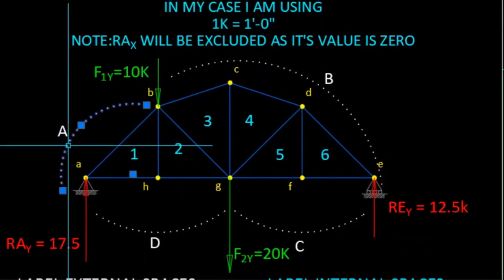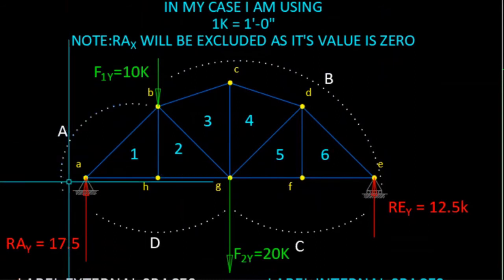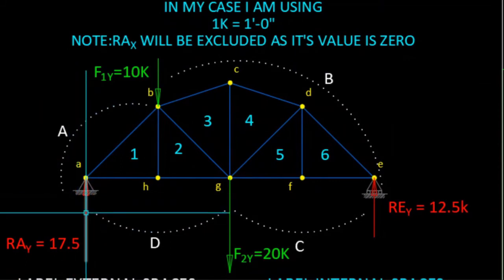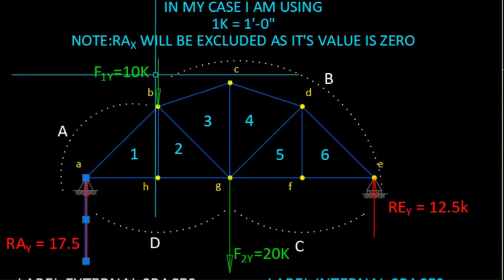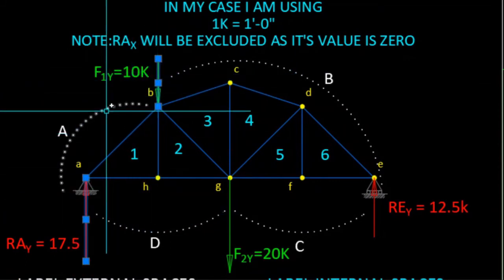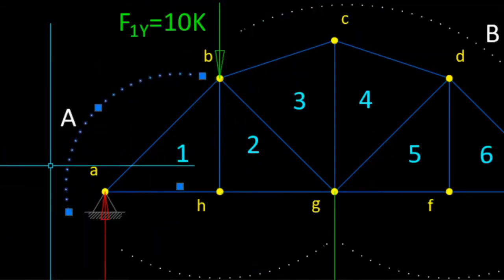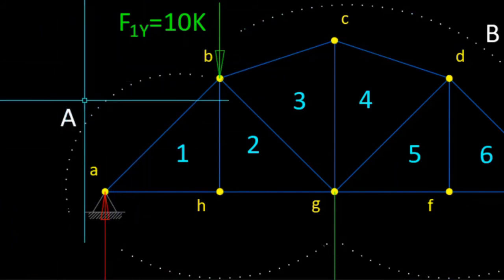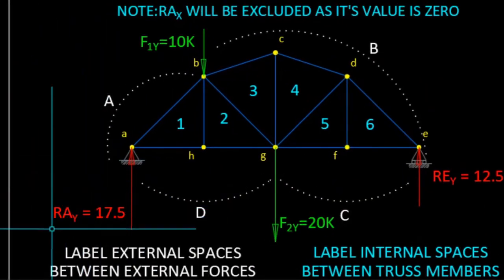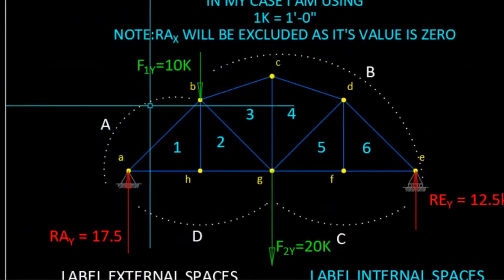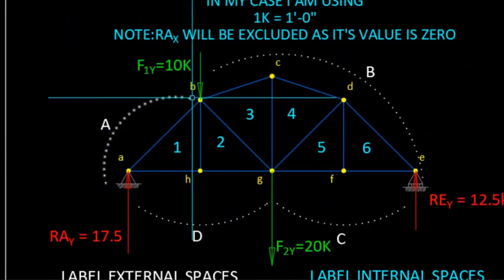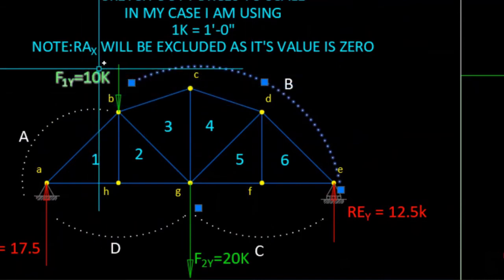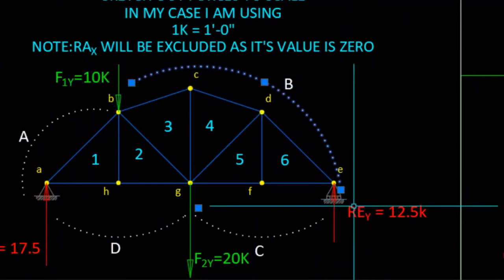So when we label our exterior space forces, we go from one exterior force to the other, and we add the label. In this example, we have space A between RAY and F1Y. Next, we have space B between F1Y and REY.